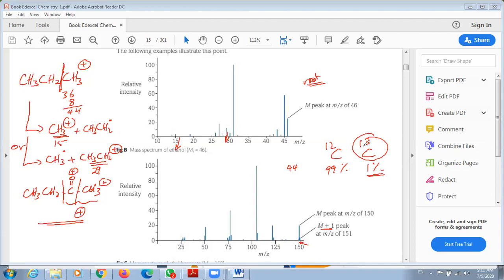No. Since the ratio is very, very small and it only came 1 unit after the molecular ion peak, we conclude that this is an m+1 peak. It means that when the molecule was formed, it had only 1 carbon atom that was the carbon 13 isotope. Do you just ignore it? Yes, we ignore it because we know that this is the m+1 peak.